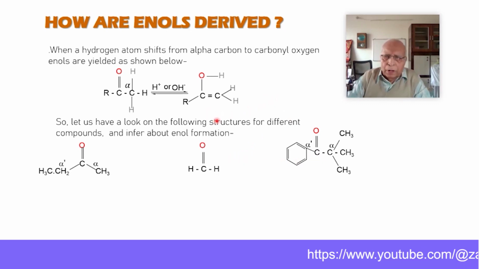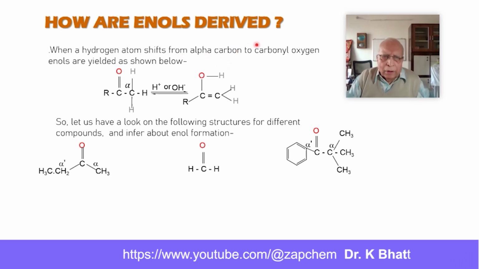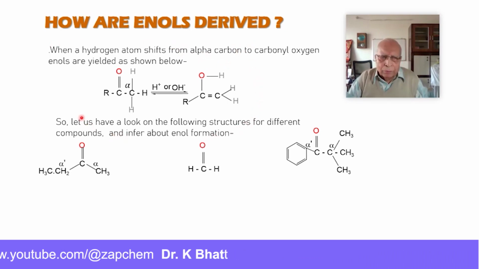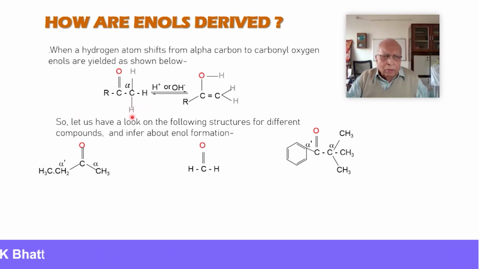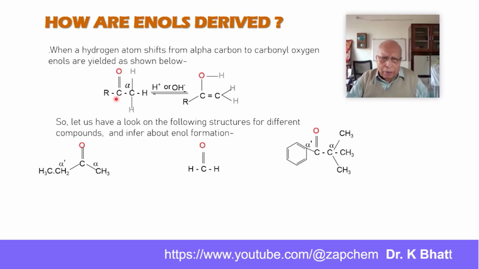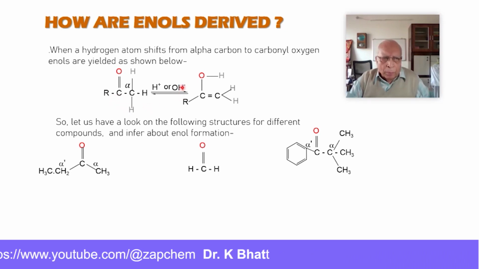Now, before we get into more details about enolates, let us get an idea about how enols are derived. Enols can easily be derived by shifting the hydrogen atom of the alpha carbon atom in a chain to the carbonyl oxygen, forming a hydroxyl group.